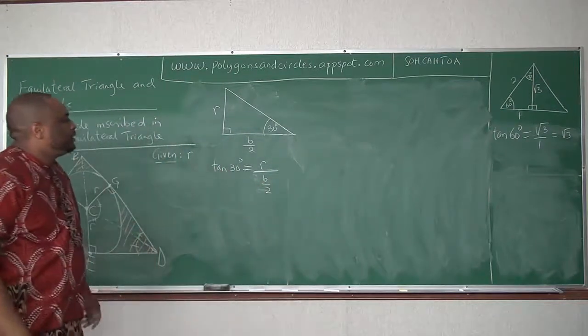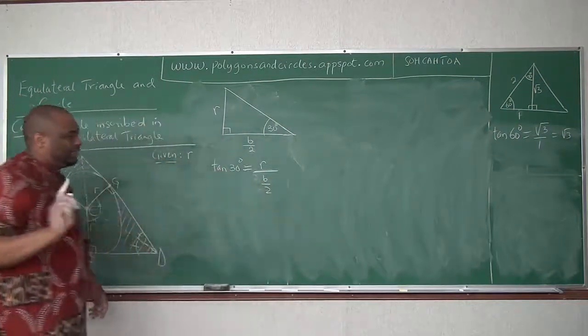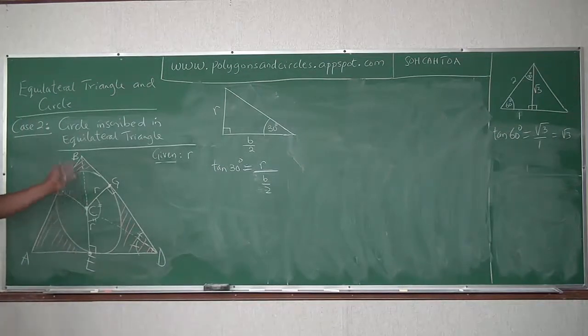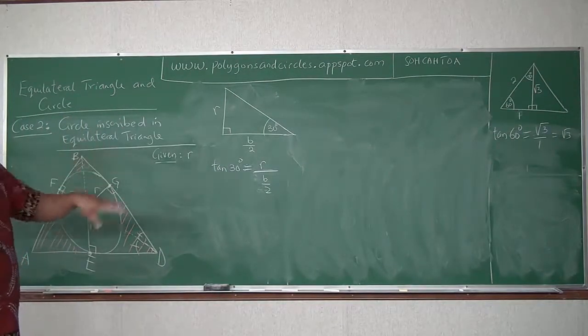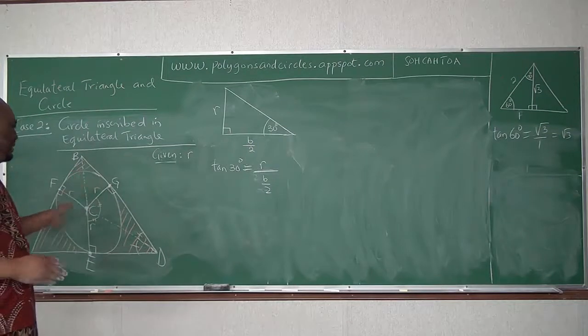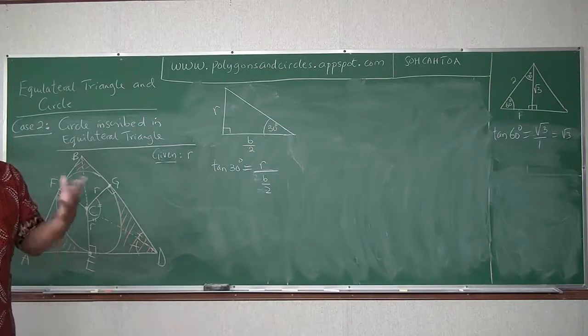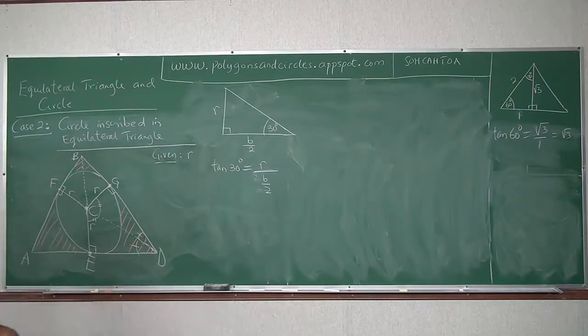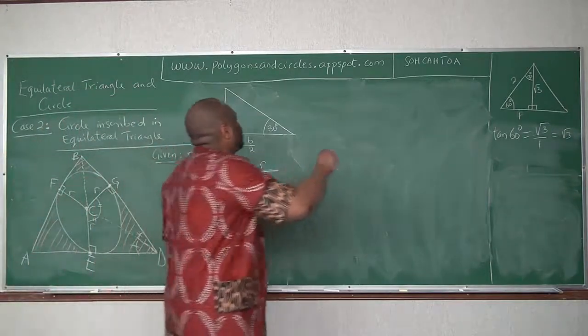Okay. So please, one thing you have to note is when you have this case 2, of course, as usual, the center of the circle is the center of the triangle. You have to also include this in your notes.